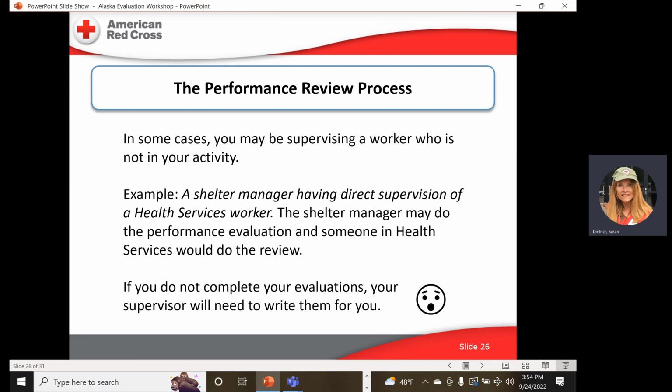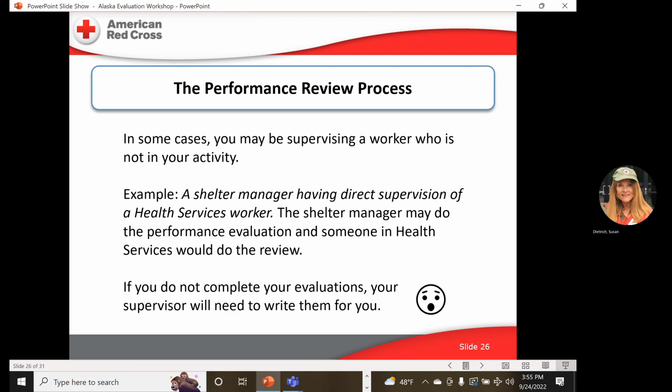Now, you may be supervising a worker who's not in your activity. That happens. The supervisor leaves, and let's say you're a DES manager. They close down DES. It's the end of the DRO, and you're in a different area, and you need to write evaluations for those DES people who are leaving the DRO. Now, this may not be your area at all.